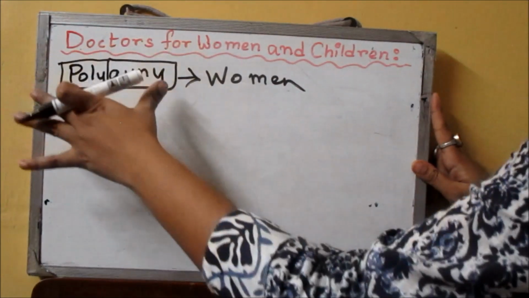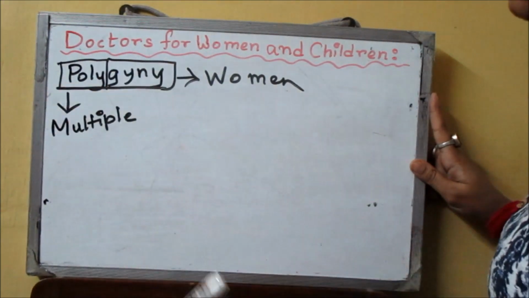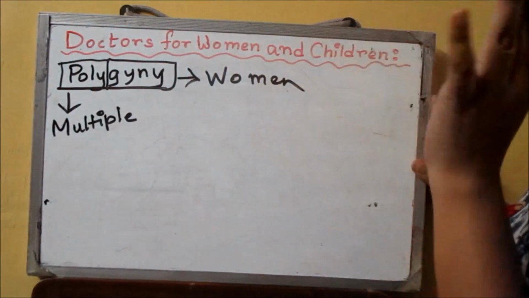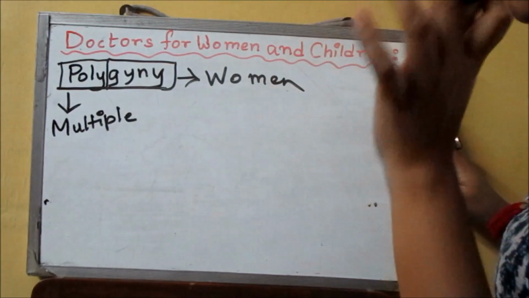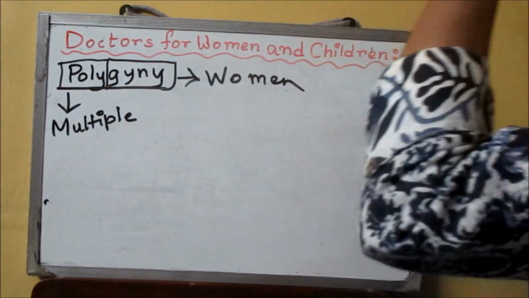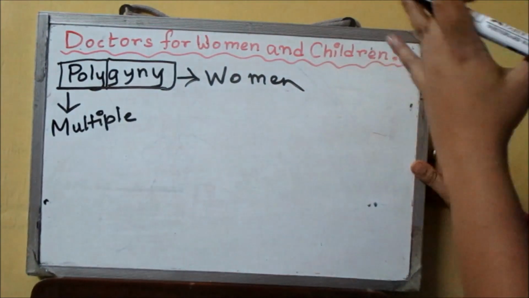Here we see that the word polygyny is basically made of two words, two meaningful parts. One is multiple and one is women. Okay, so multiple women.